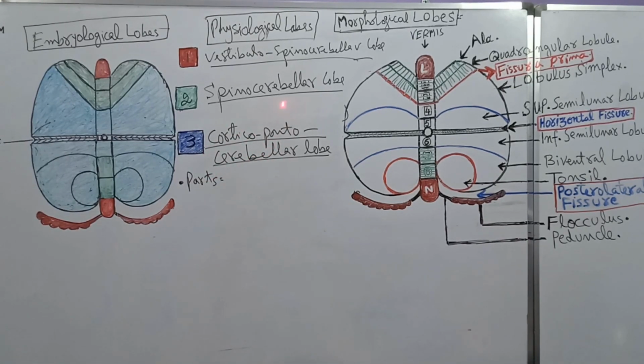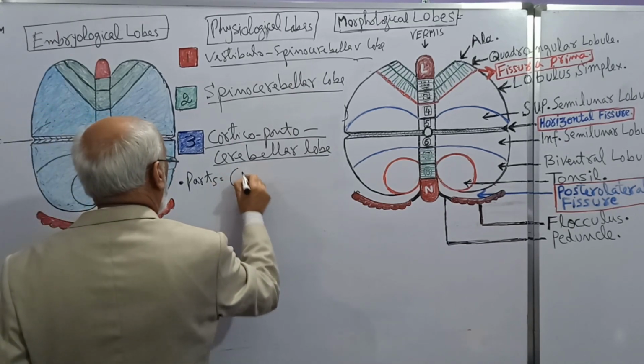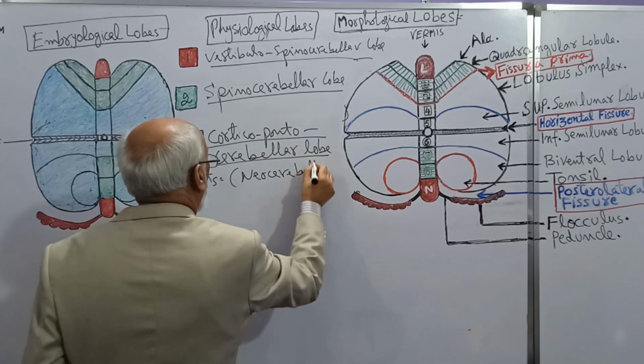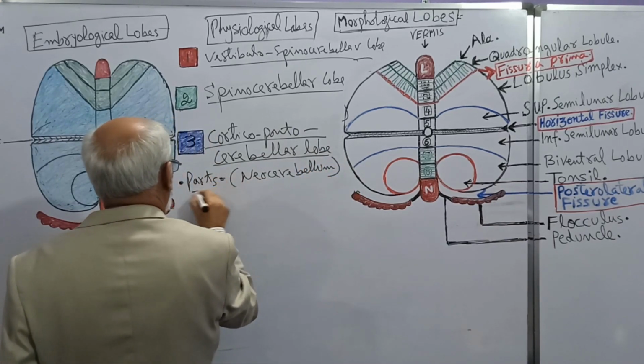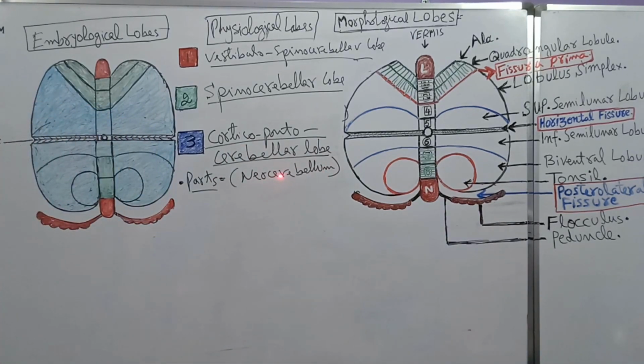Corticopontocerebellar, the new cerebellum. What are the different parts of the new cerebellum, or the parts of the corticopontocerebellar physiological lobe?